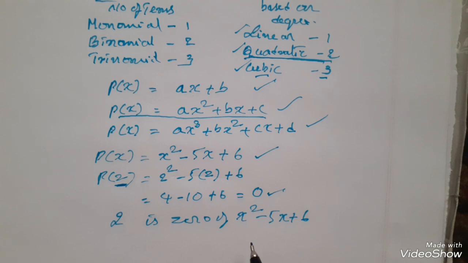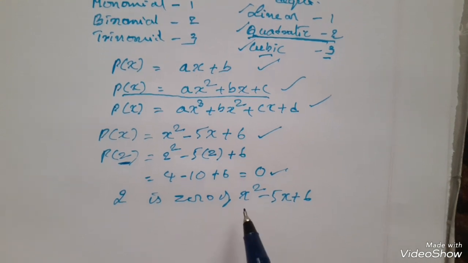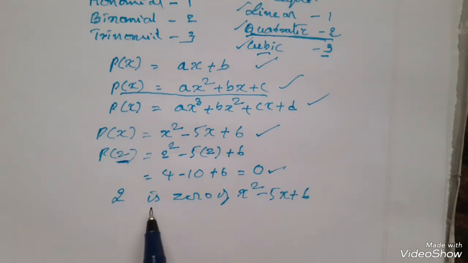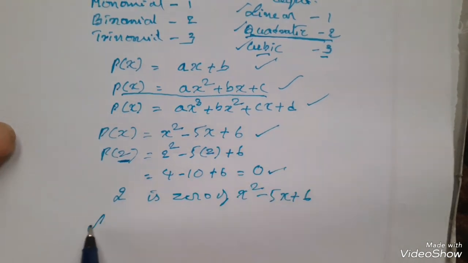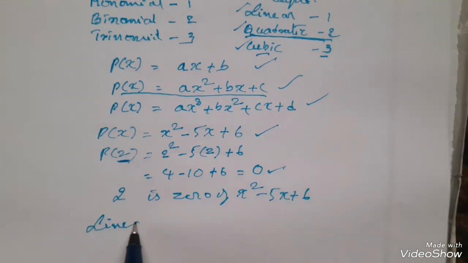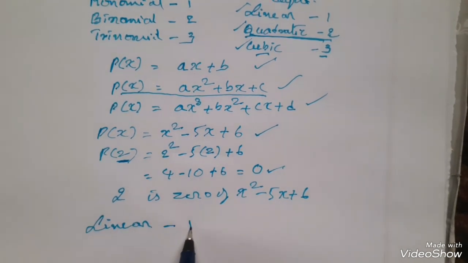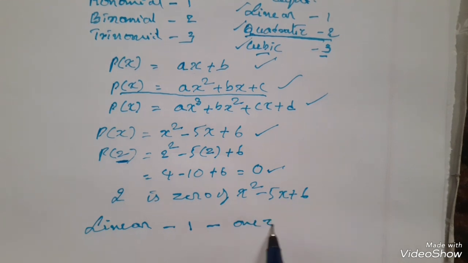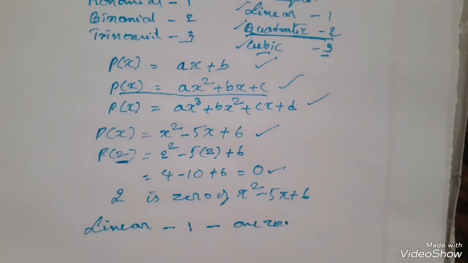So usually, how many zeros does a polynomial have? It depends on the degree of the polynomial. We know the degree of the linear polynomial is 1, so it has only 1 zero.